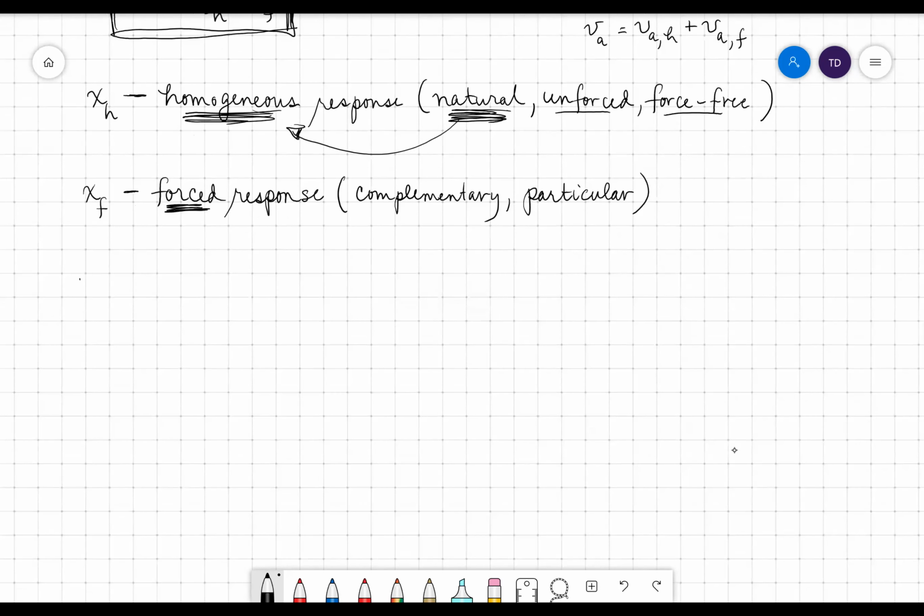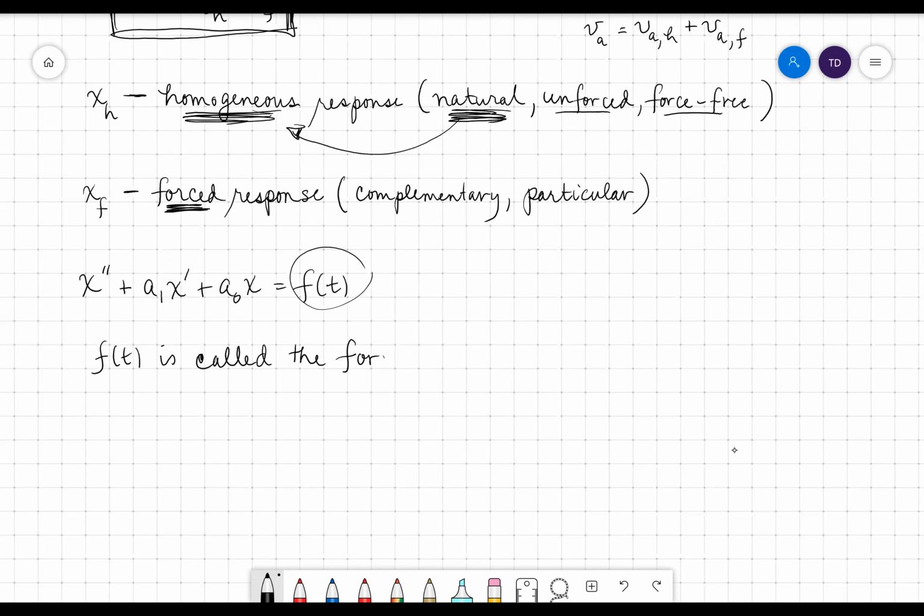Back to our equation. Let's write our equation back down again now. So we have x double prime plus a1 x prime plus a0 x is equal to f of t. So this f of t is called the forcing function. And it is easy to confuse the forcing function with what most people think.